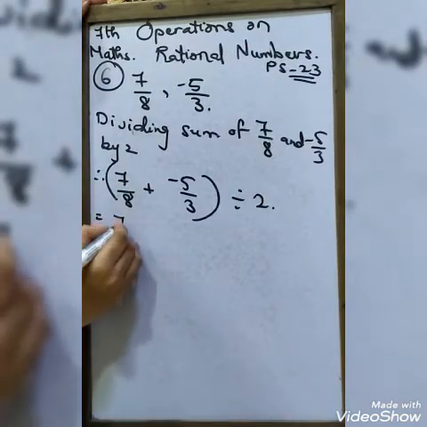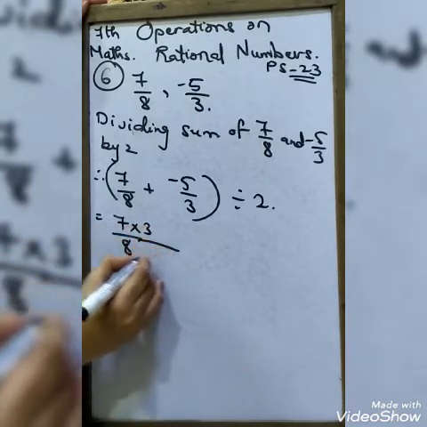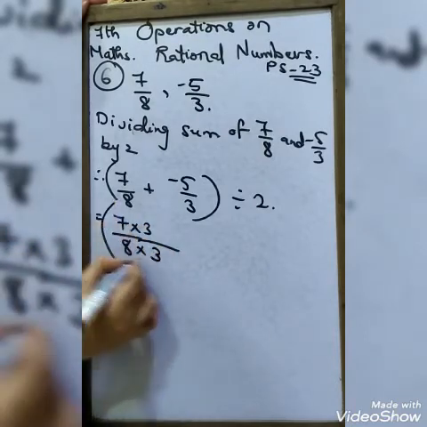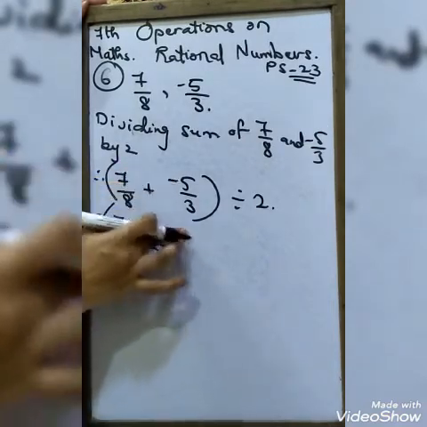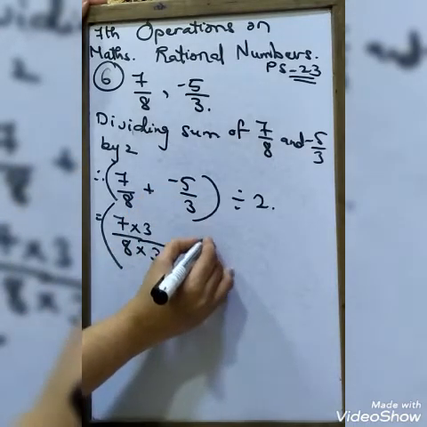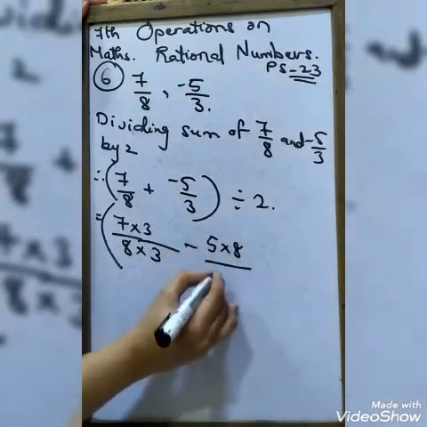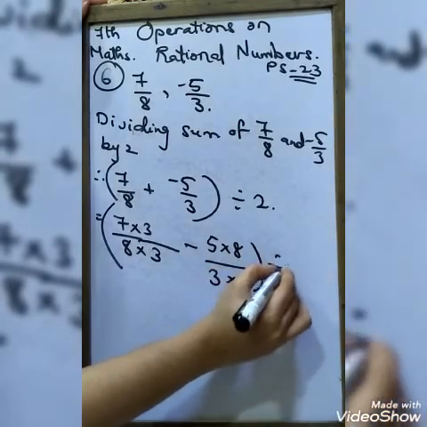So here 7 upon 8 into 3, and then plus. Here plus minus, I am writing directly as minus. So 5 into 8 upon 3 into 8, divided by 2.